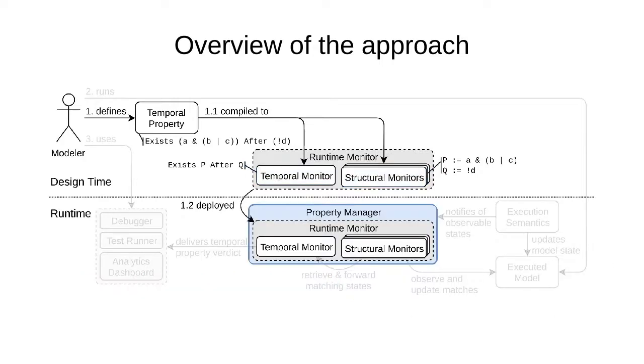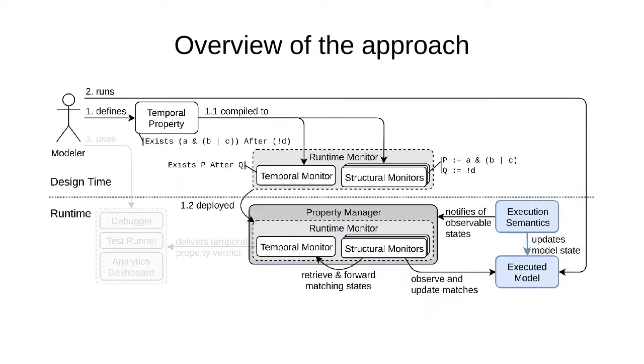At runtime, the monitors are deployed in a property manager which is at the heart of the proposed architecture. This property manager handles the connection between the structural and temporal monitors and all the other entities involved in the execution, such as the running model or the debugger. During the execution, the semantics of the DSL updates the state of the executed model.